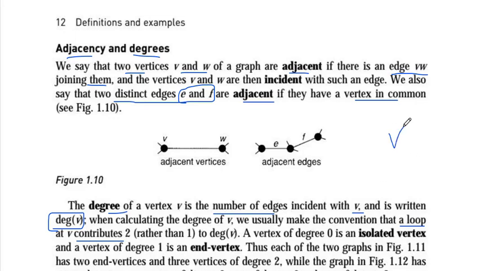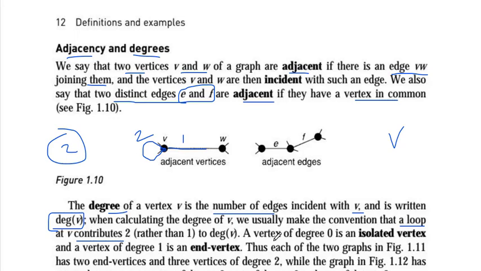Let's say there is a loop here at V, and we have to calculate the degree of V. So this is one edge and this is also a second edge. So here the degree of V is 2, not 1. We have to count the loop also.